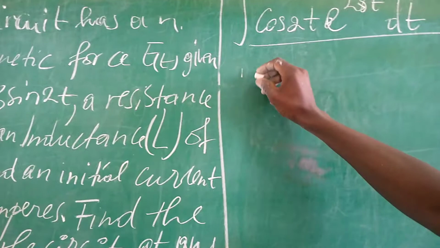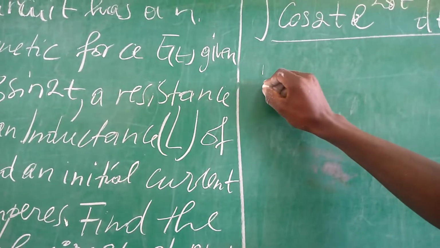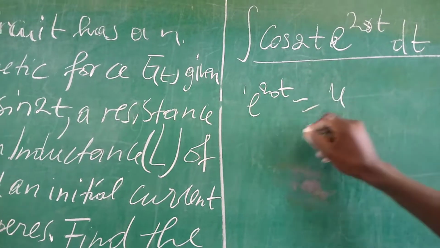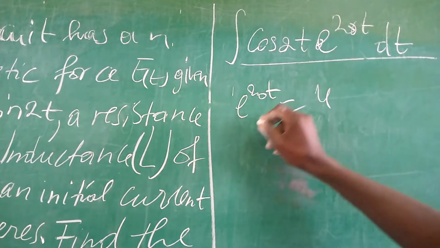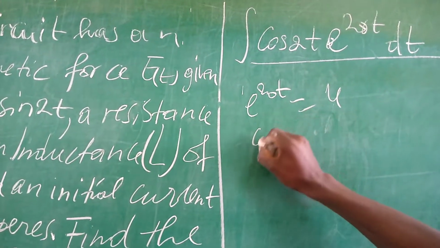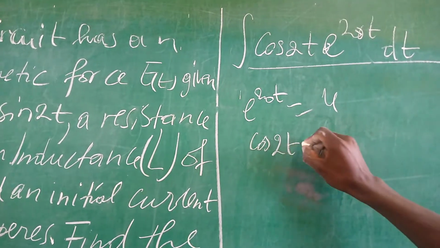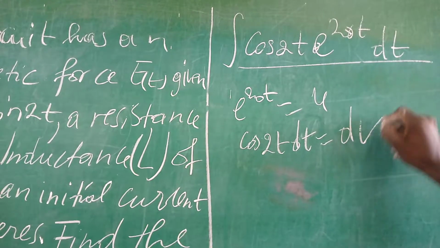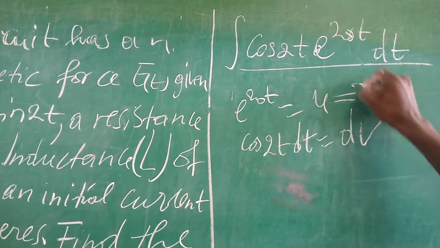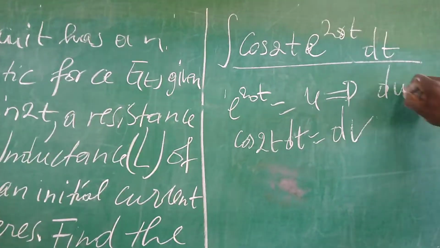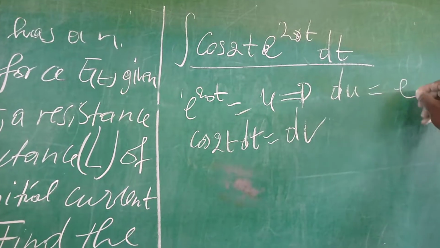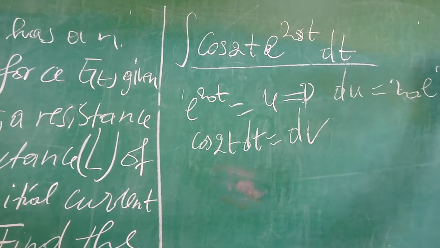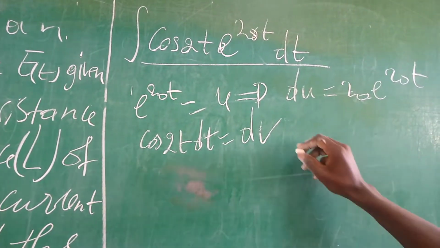Here we will also suppose e^(20t) is equal to u, and what remains, cosine 2t dt, is equal to dv. Then this will give us du equal to 20 e^(20t) dt.